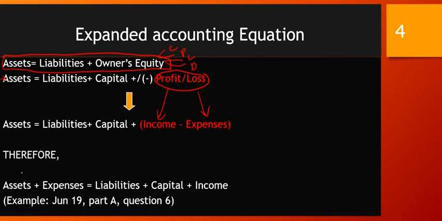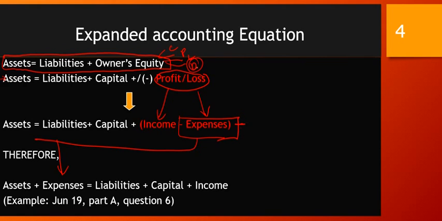Therefore, the expanded accounting equation will be asset plus expenses equal to liabilities plus capital plus income. So from this equation, we shift these expenses to the left. Jadilah expanded accounting equation dia asset plus expenses equal to liabilities plus capital plus income.